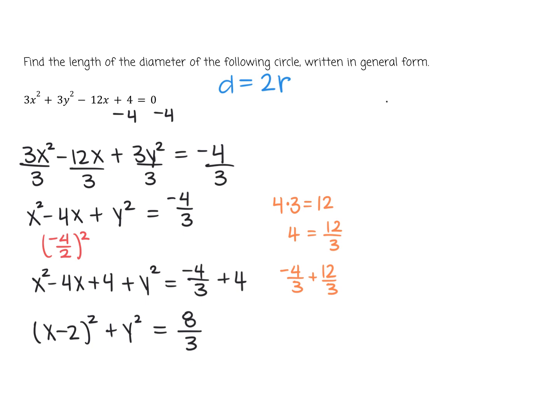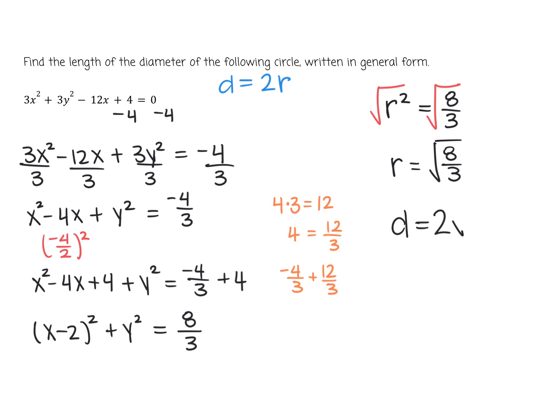And then I know that the radius squared is the 8 over 3, which means my radius is the square root of that. So I'm going to take the square root of both sides, and I get that my radius is the square root of 8 over 3, because that is not a nice number. It is a decimal. So then my diameter is just 2 times that, which is 2 times the square root of 8 over 3.